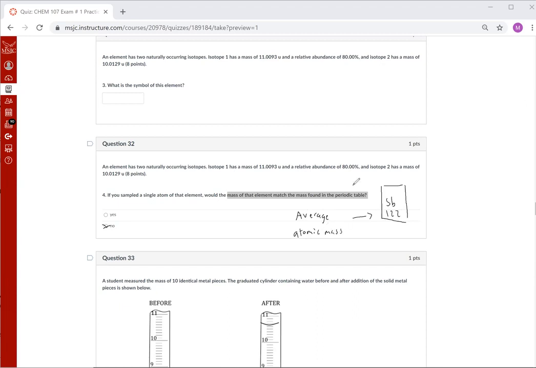And because it's the average of all of our isotopes, the average by definition will not match any of the component isotope masses. Does that make sense? Yes.